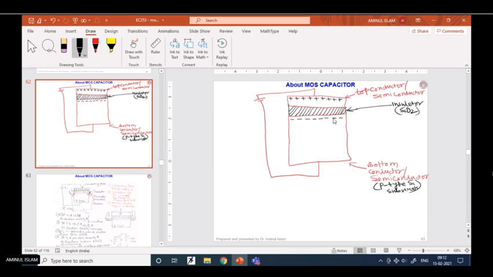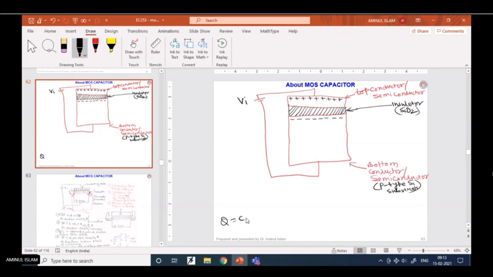Aman? Yes, sir. So now, if you increase the voltage, I am calling it V1, what will happen? Because you know, we're talking about capacitor. So capacitor is what? Let me write in this way. Q, charge across the capacitor.